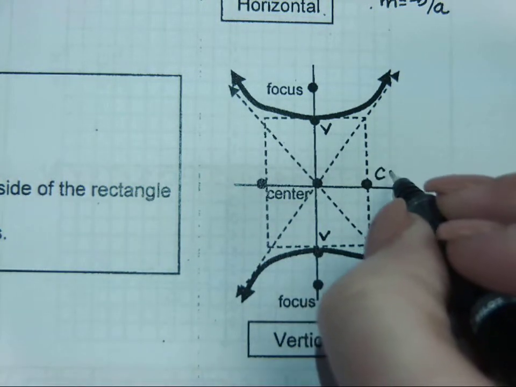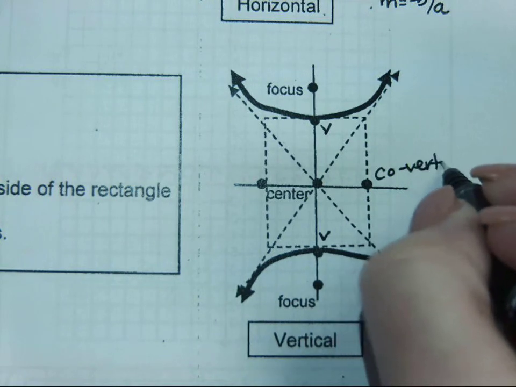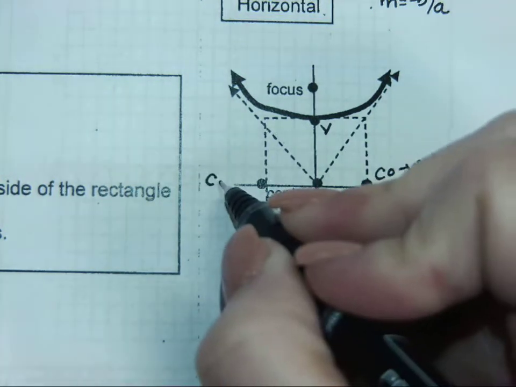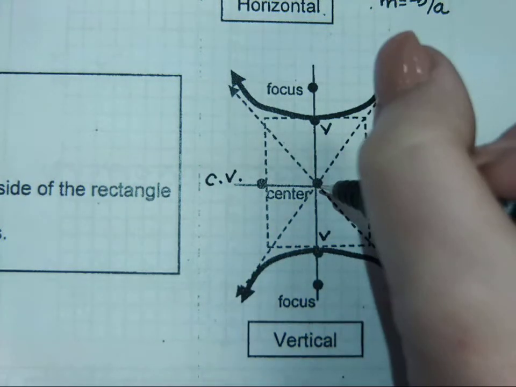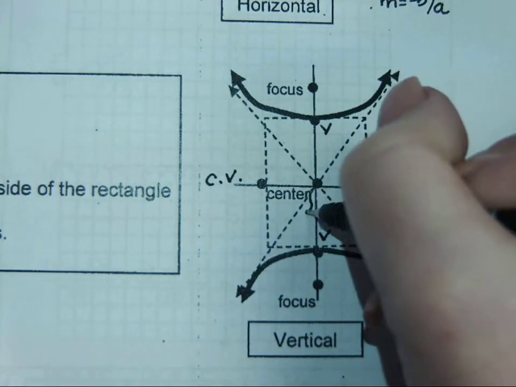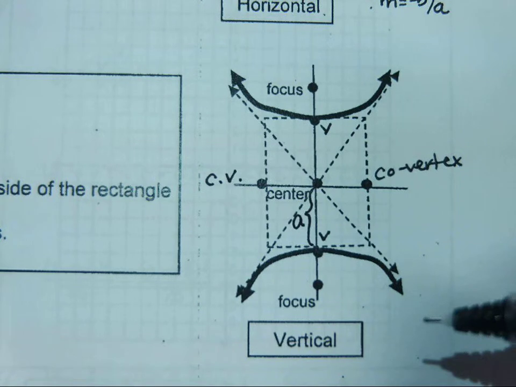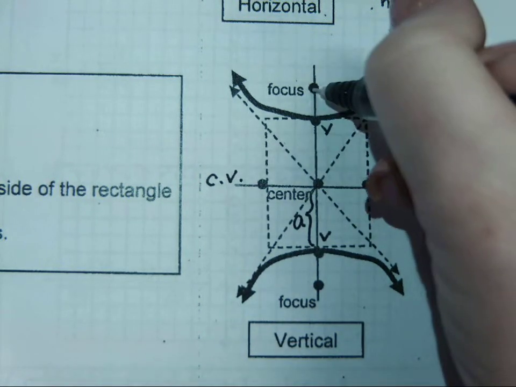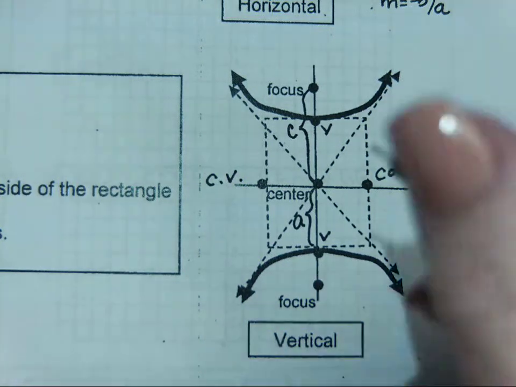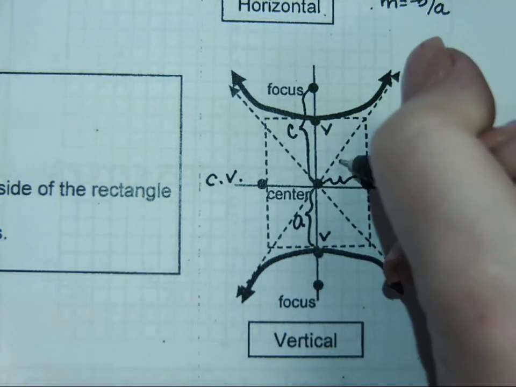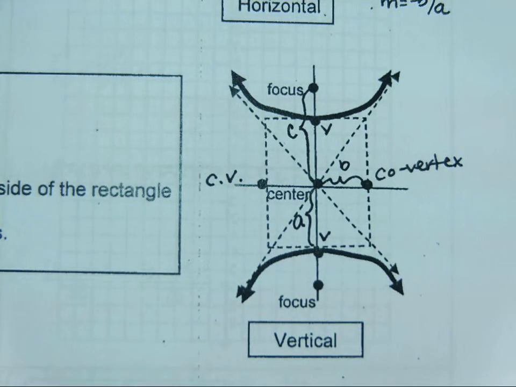And again, this is going to be my co-vertex. The same values apply. From the center to my vertex is the value of A. From my focus to my center is the value of C. And to my co-vertex is the value of B.